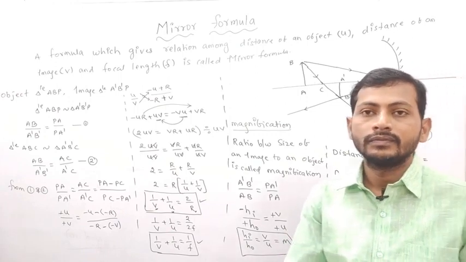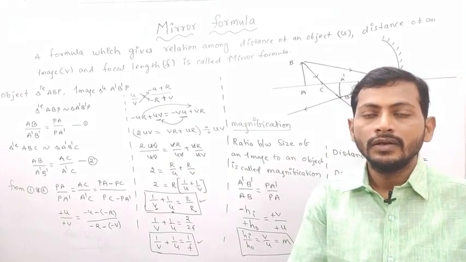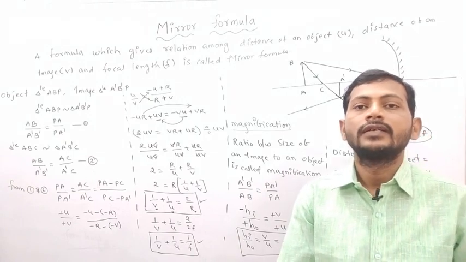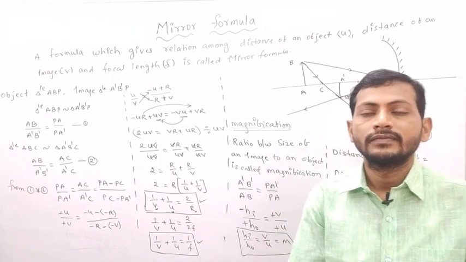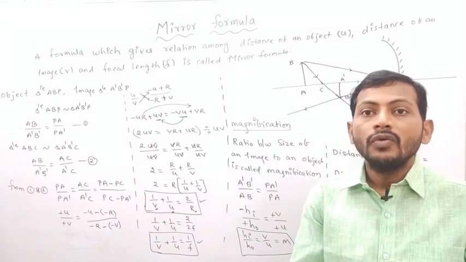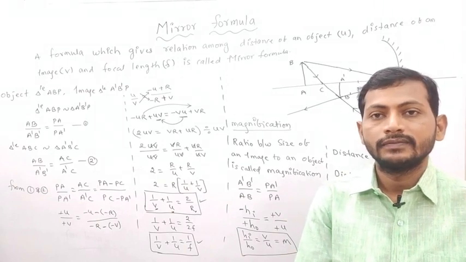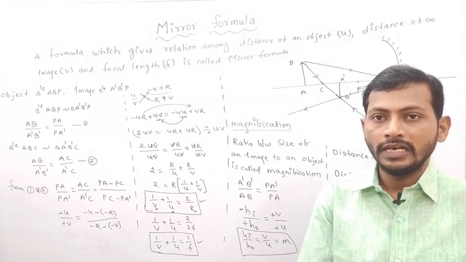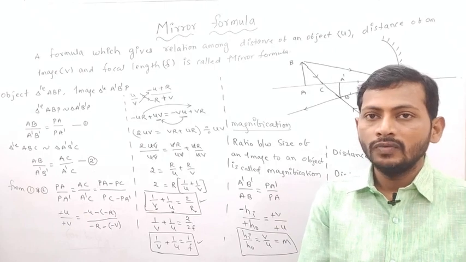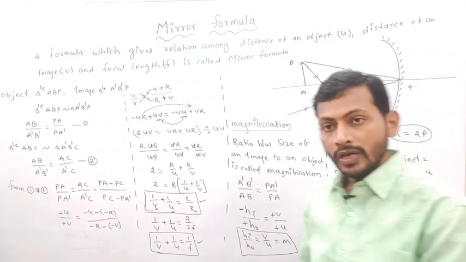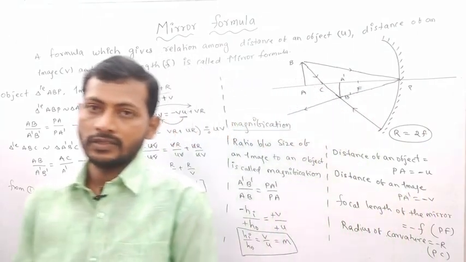Then what is the position of the object? That means, where did he keep the object? I hope this question is clear for you. Please try to solve. If you didn't get the answer, please comment in the session. We are going to do numericals in the next class.